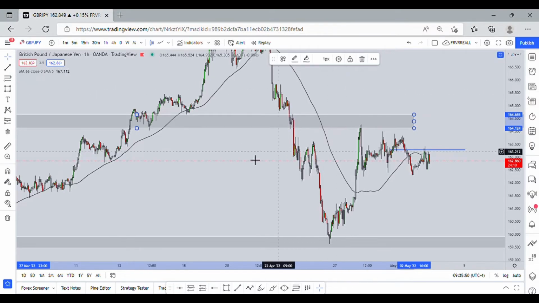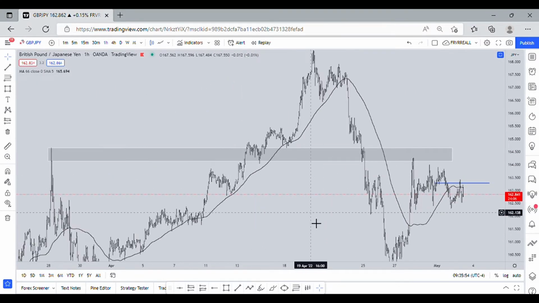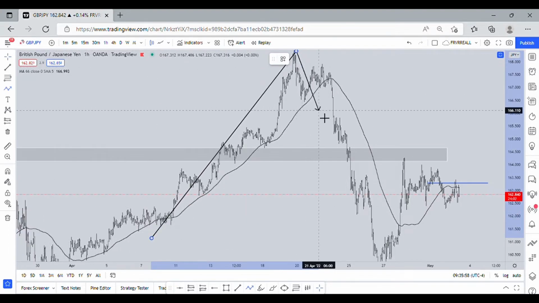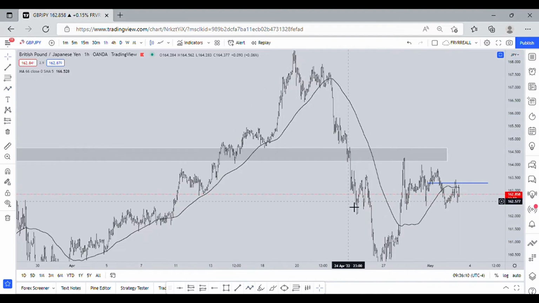Because whenever price shoots through while going up and then shoots back down into that level, yes, it might come back as it did here, but it's not really a reliable level to trade from, right?